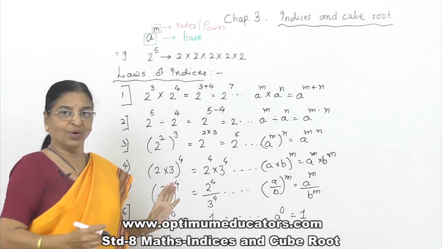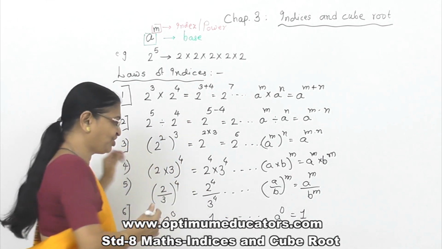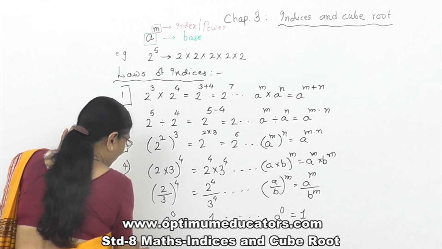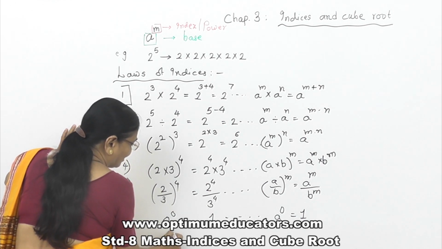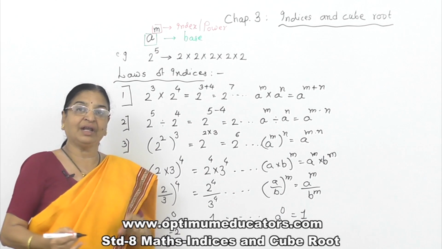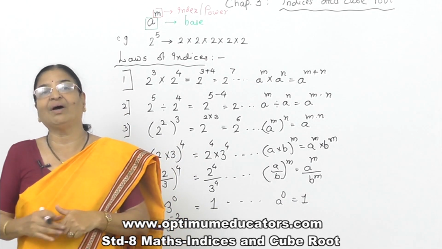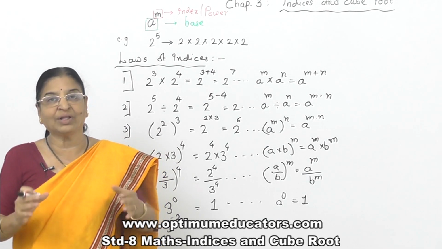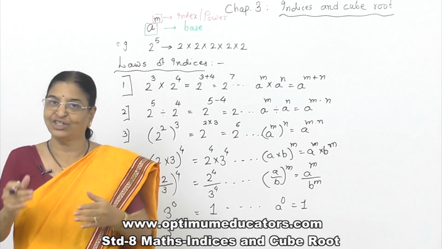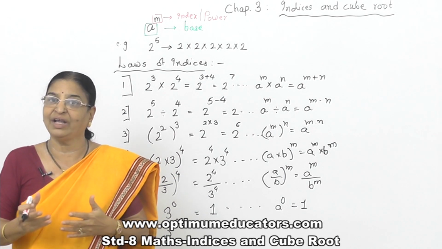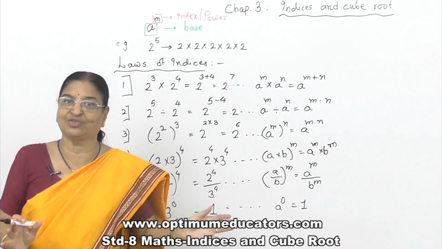This all we know. Only one small question about the negative index. So suppose I have written 3 raised to minus 2. Then I know minus 2 times how I will write 3. Minus 2 is not a counting number, and so I want to convert it into a counting number, then only I can find out its value.